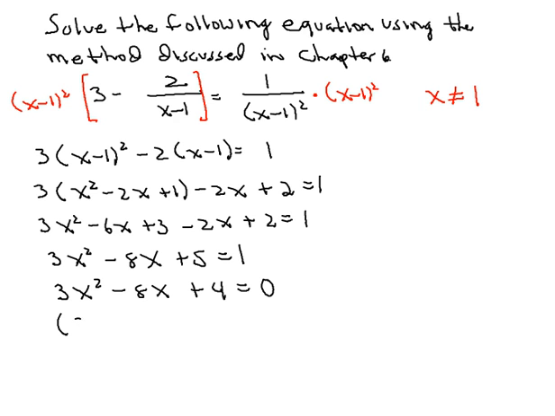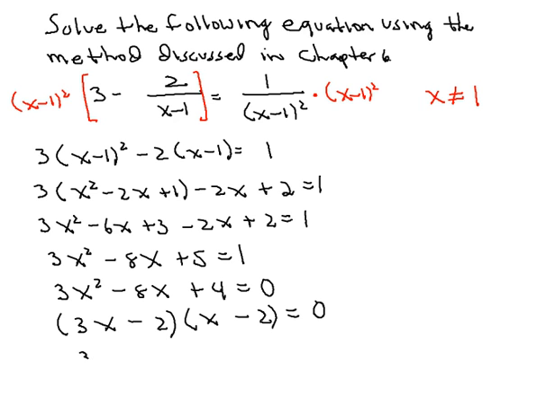In this case, I believe we'll be able to do that. So we'll set up our two parentheses here. And we know that we have to have 3x and x as the first terms in each parenthesis. And I believe if we use 2 and 2 to give us a product of 4, and making both of these negative, will yield, if we multiply back, the 3x squared minus 8x plus 4 being equal to 0.